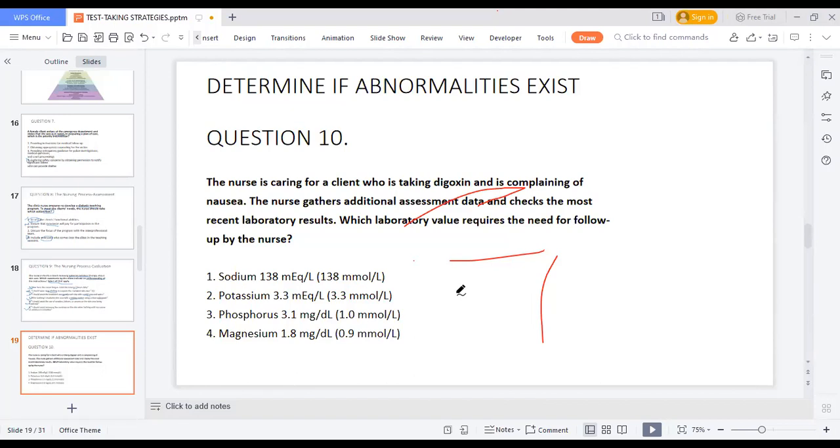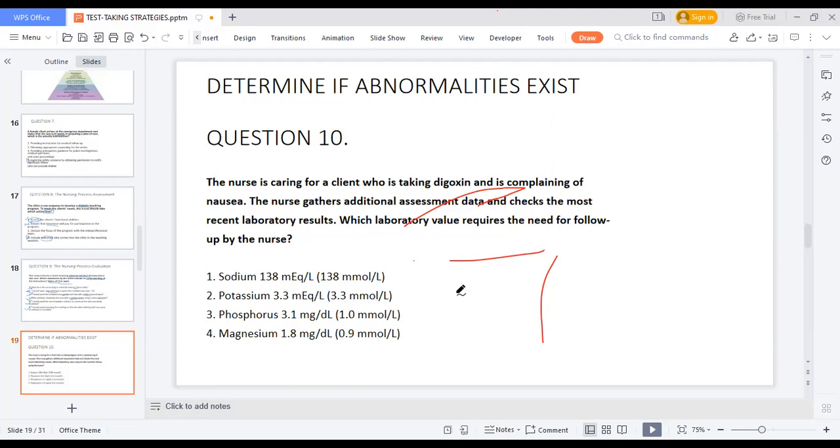Yes, you might have seen questions like that. Then you should be looking at the lab value that has gone to normal, right? Other lab values are still very high. Then you look at the one that has gone to normal.